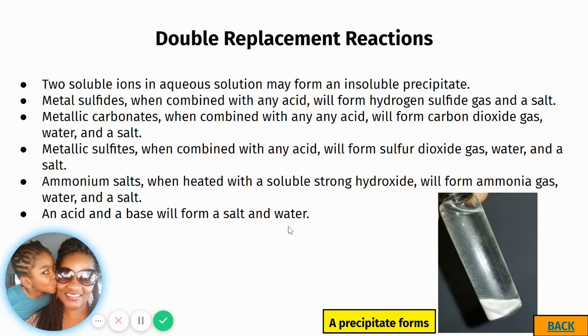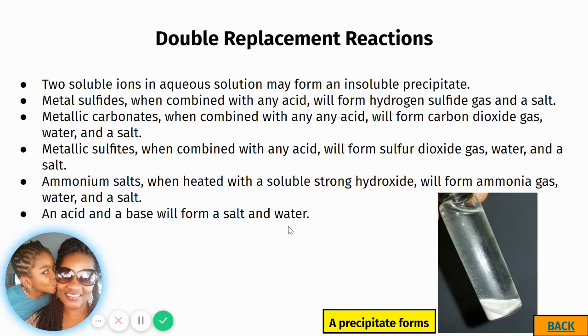Metal sulfides, when they combine with any acid, will form hydrogen sulfide gas and a salt. We looked at these yesterday. We looked at gases. We looked at hydrogen sulfide, carbon dioxide, sulfur dioxide, and ammonia.